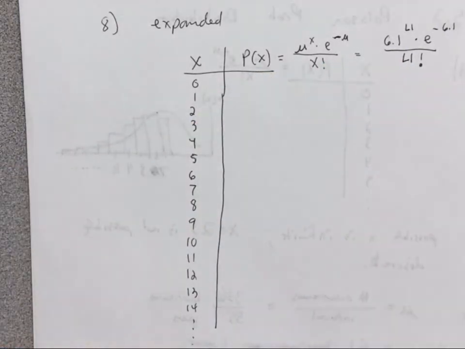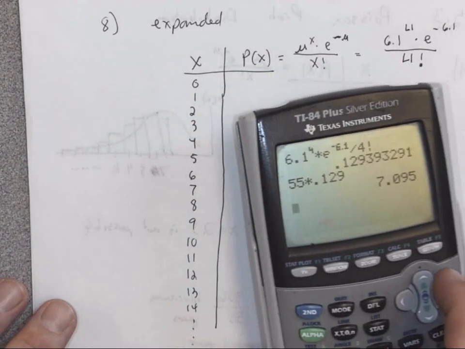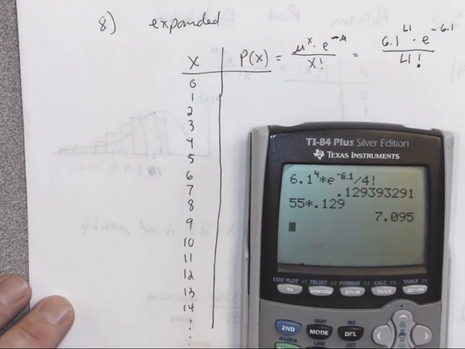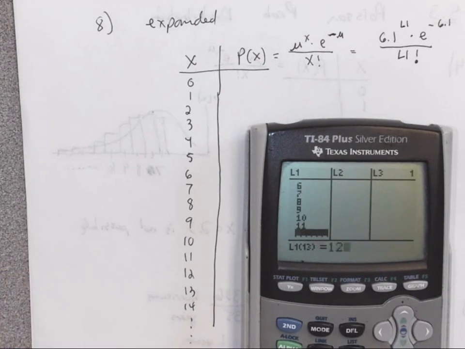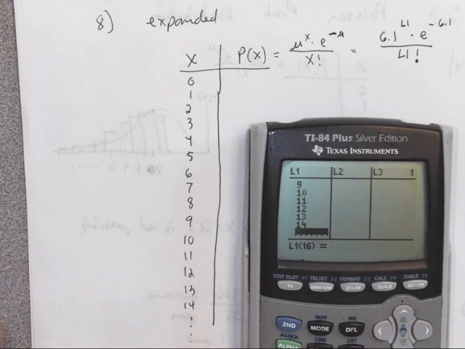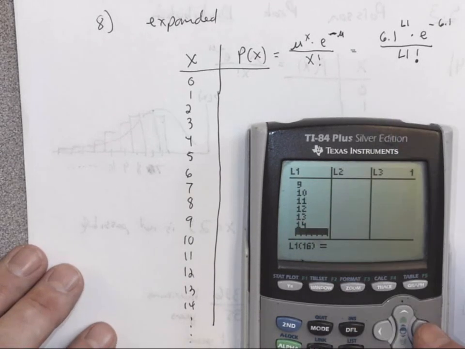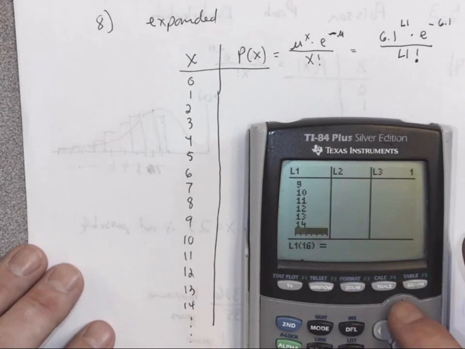Because I'm going to have my calculator generate these numbers, and then we can show how that works. So stats, I'm going to go to edit. I'm going to clear out the stuff that we did. Then I'm going to go all the way down to 11, 12, 13, 14. This might be overkill, but go down sufficiently far until these probabilities get small.